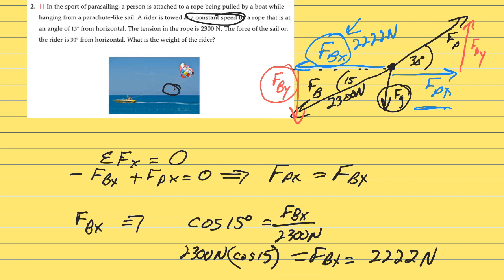And now I can get FBY just by 2300 squared minus 2222 squared, square root of the answer. And I get 594 newtons. Now, because this blue one is 2222, this blue one automatically has to be 2222 newtons.